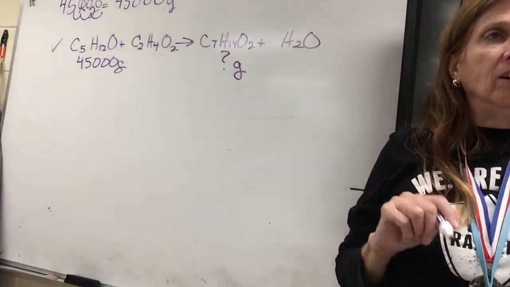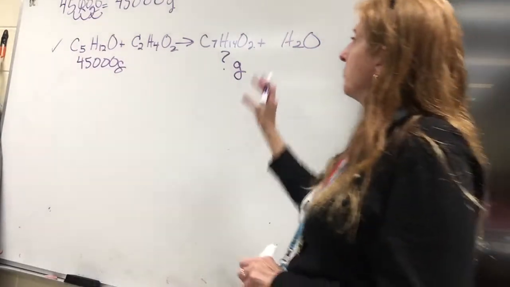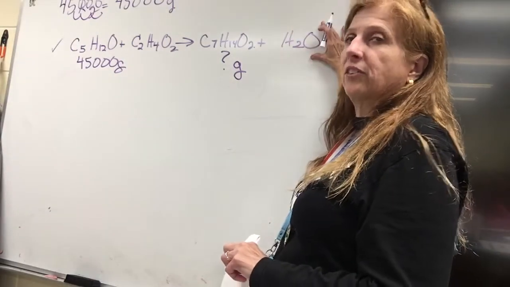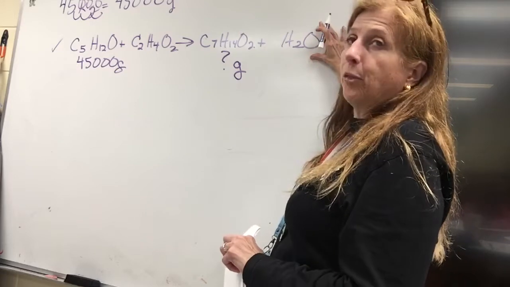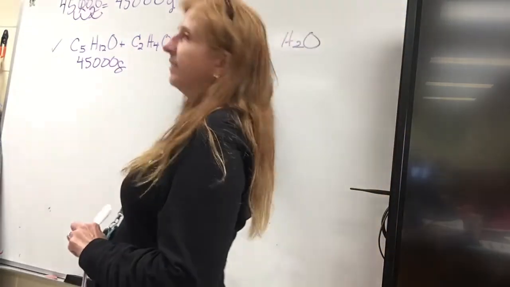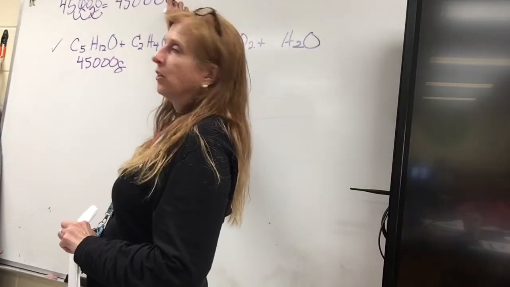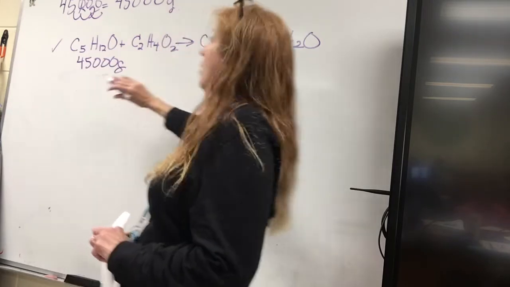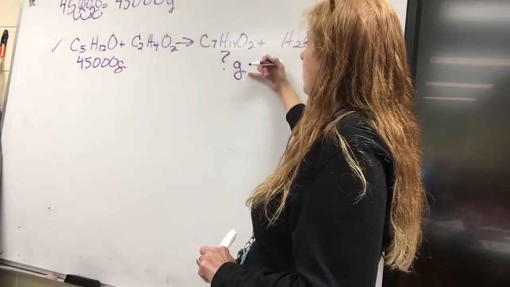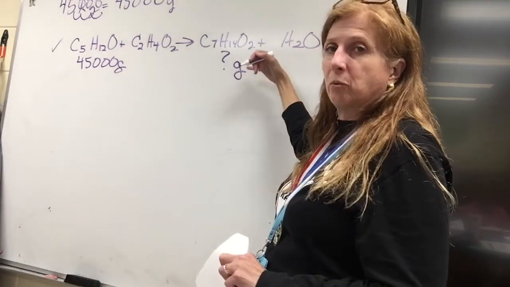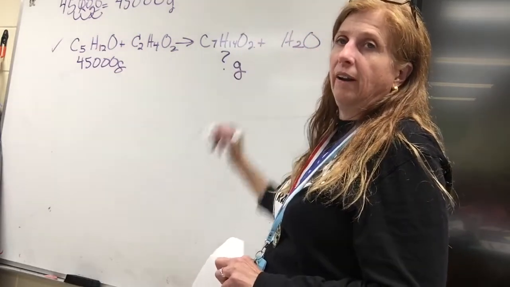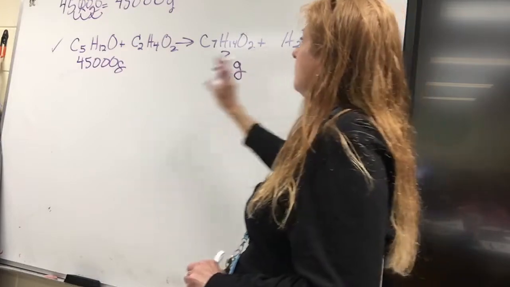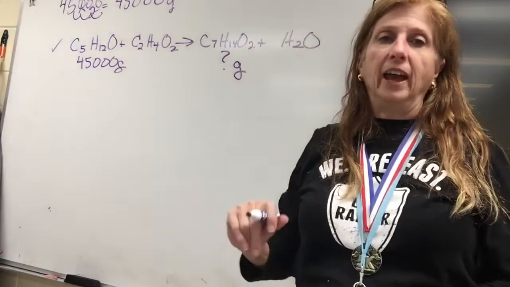Step 1, write down the equation. Step 2, balance it. Step 3, write what you're given underneath what it is in the equation. Write a question mark underneath what they're asking for. The others, you just leave alone. Okay?